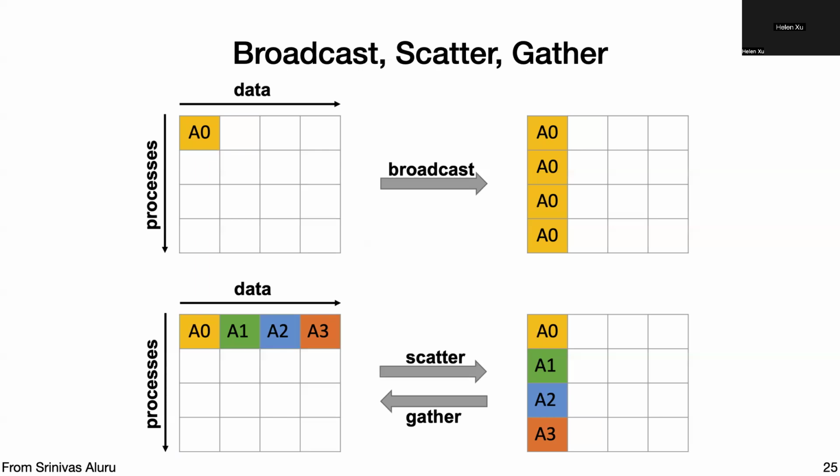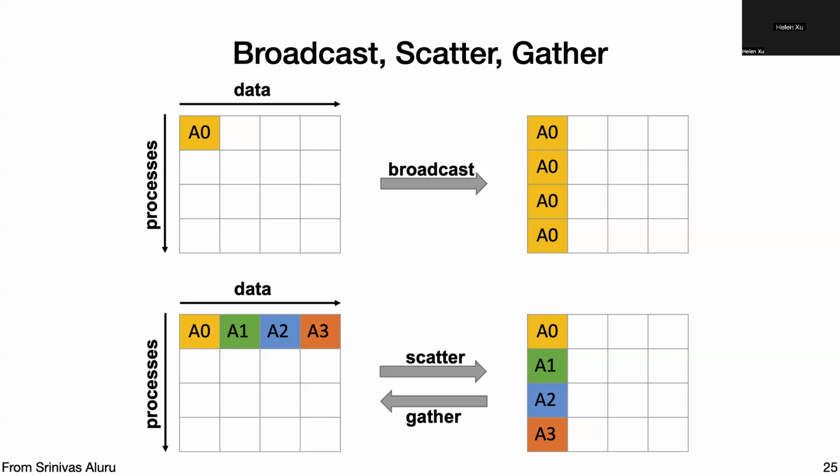And then there's gather and scatter, which are inverses of each other. Scatter is where process 0, or any process, has some data, and the data that it needs to send to every other process is different. So this is going to process 0, this is going to process 1, this is going to process 2, this is going to process 3.